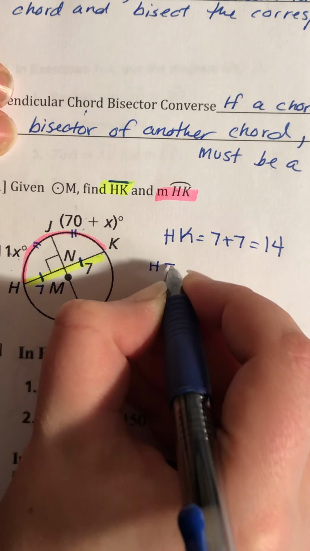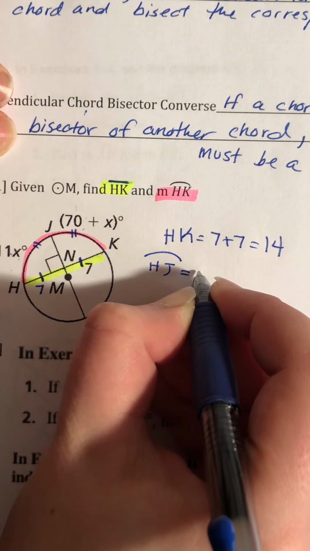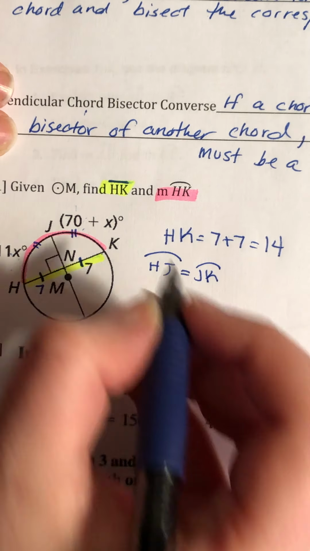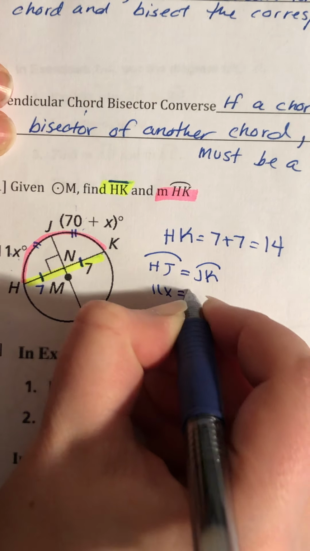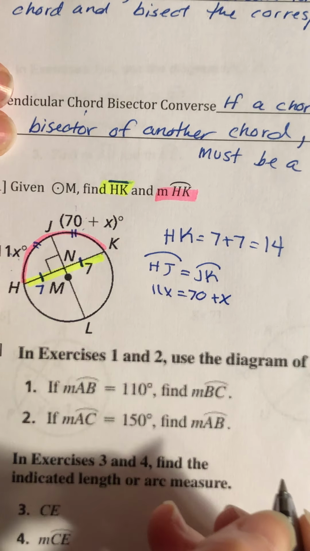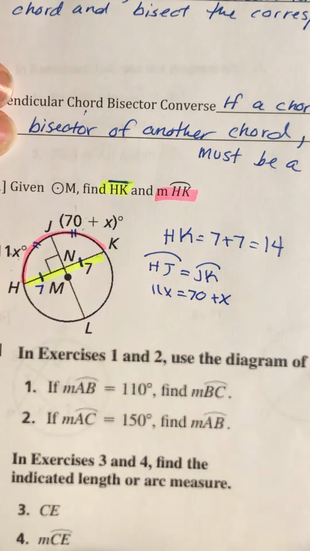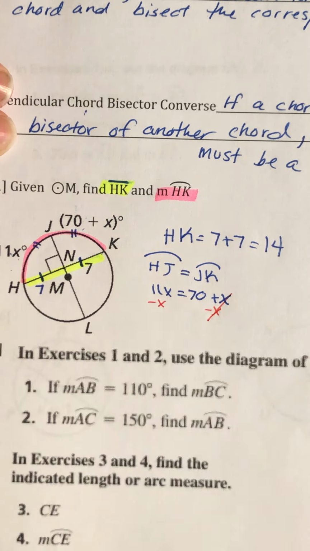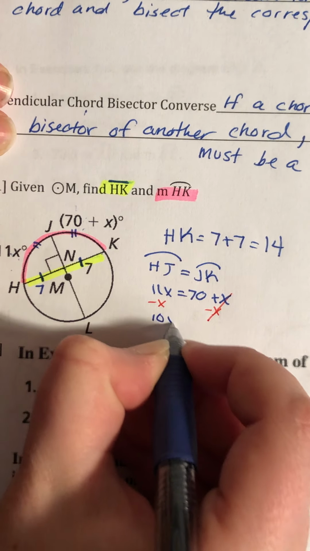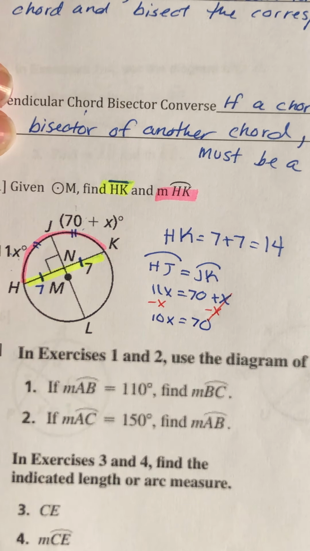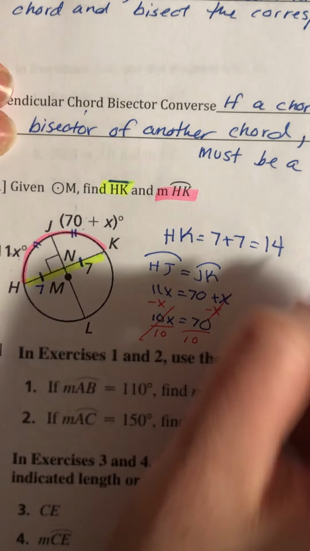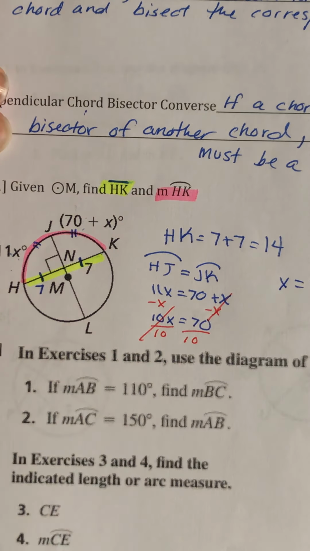So I know the arc HJ is going to be equal to the arc JK. So 11x equals 70 plus x. Subtract x from both sides. You get 10x equals 70. Divide by 10, you get x equals 7.